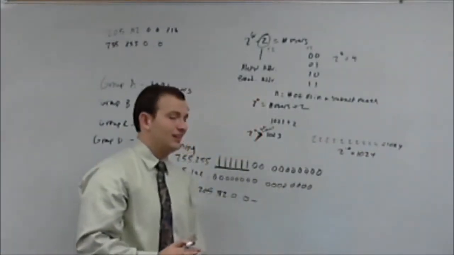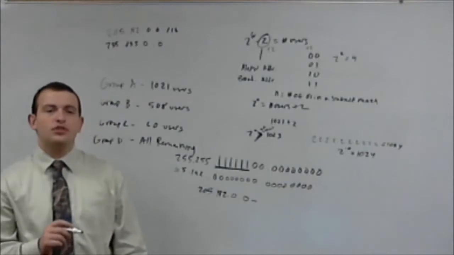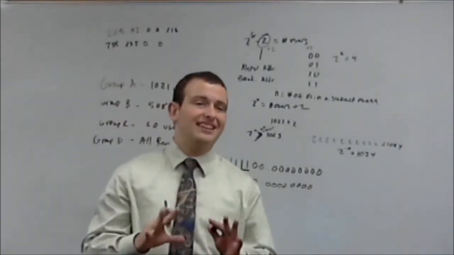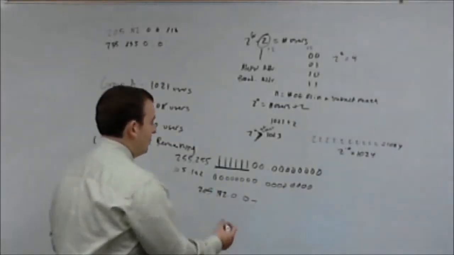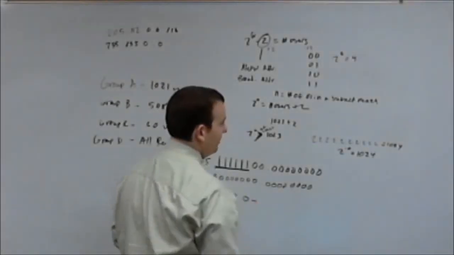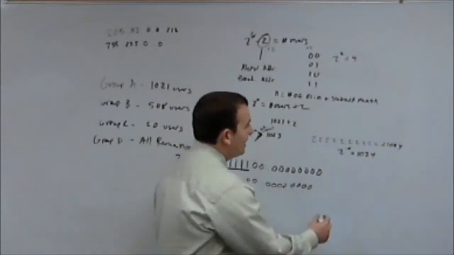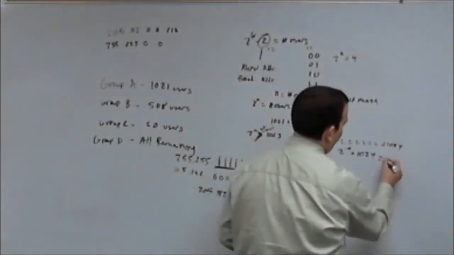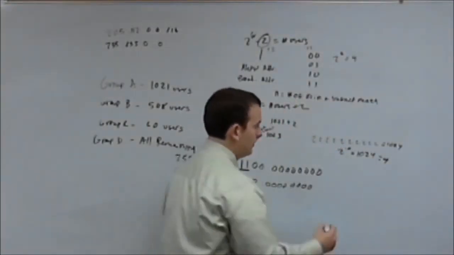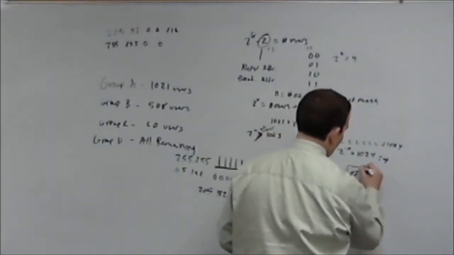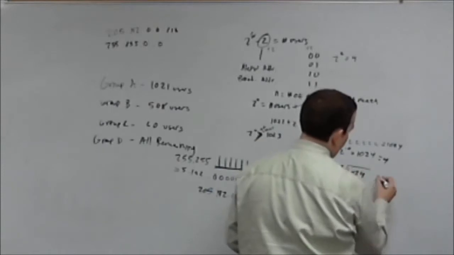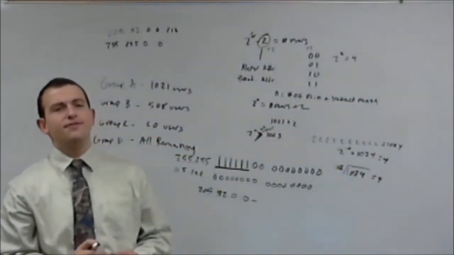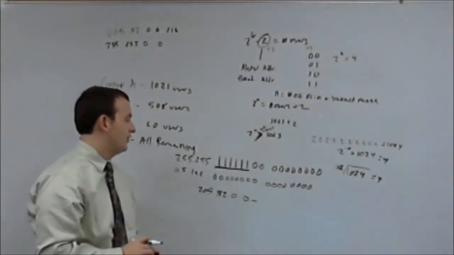Now, the tricky part is every octet equals 256, and then we're going to move up an octet. So in this case, we have how many 256s? We need to divide 1024 by 256, which equals 4. So that means we have 4 octets completely full of values in this address range.